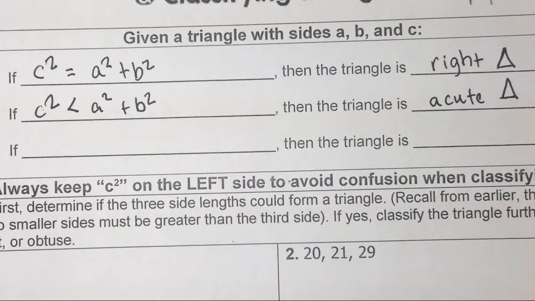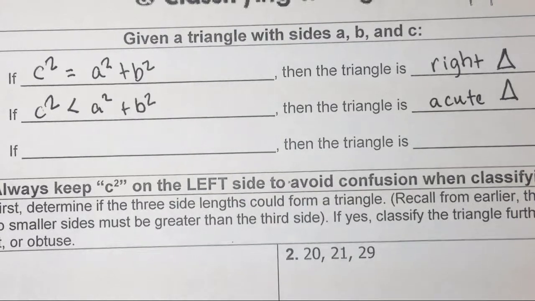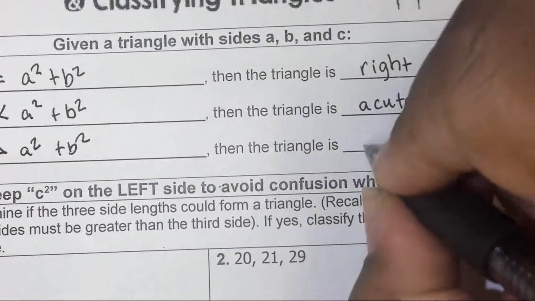If the longest side is less than the two legs squared and added together, then you have an acute triangle. All you do is solve it out, compare the numbers at the end. If it's less than, it's acute. And then obviously, going the other way, if c squared is greater than a squared plus b squared, then the triangle is obtuse.